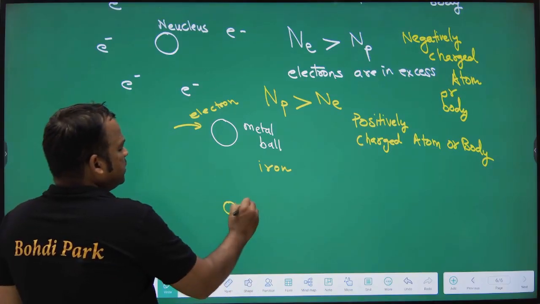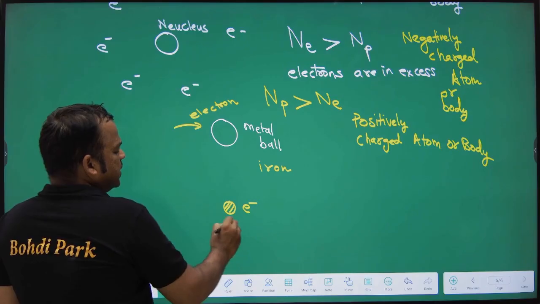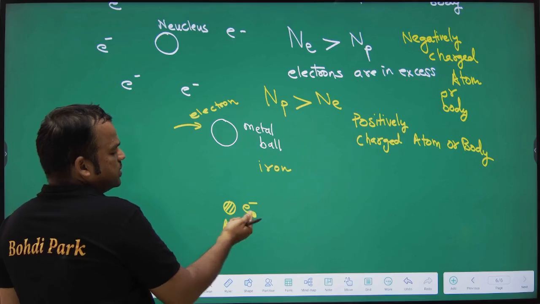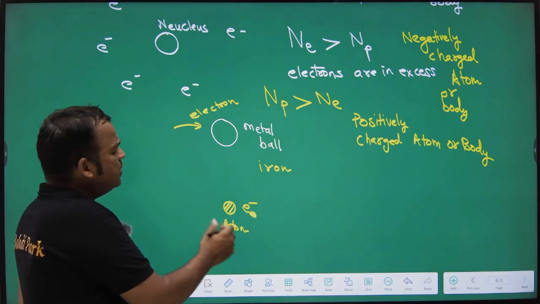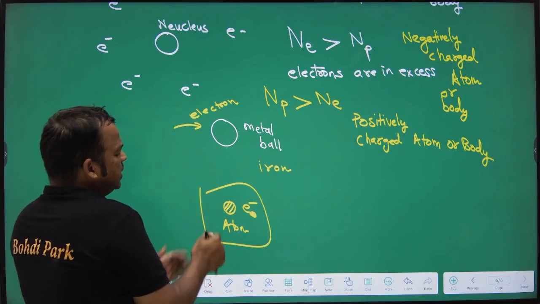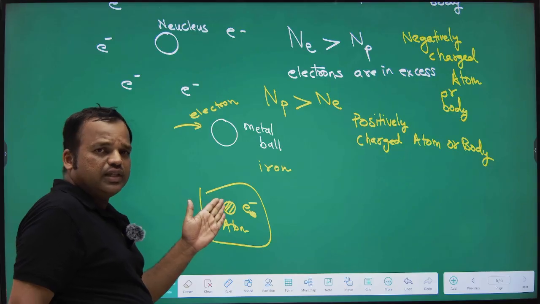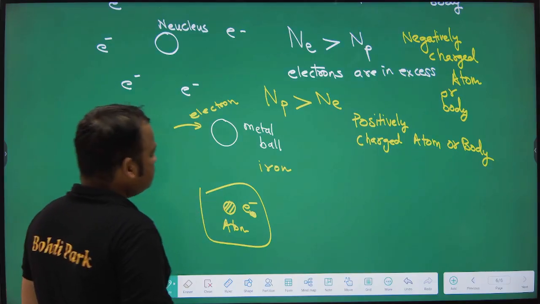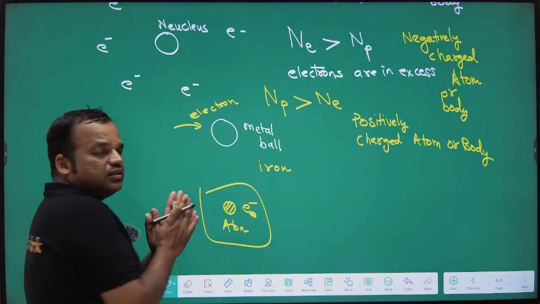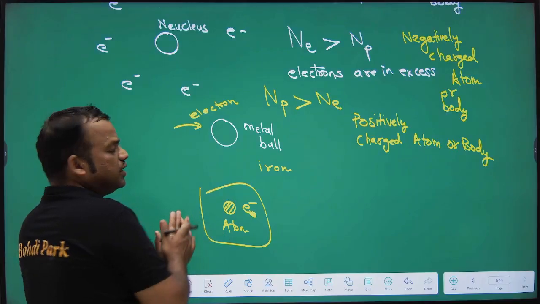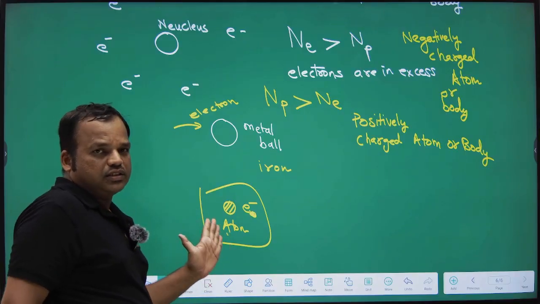Suppose this is the atom and this is the electron. If this electron is near that atom, we can collectively say that the electron will be attracted towards the positively charged nucleus. So this electron is part of this atom, and we'll say this atom is negatively charged.